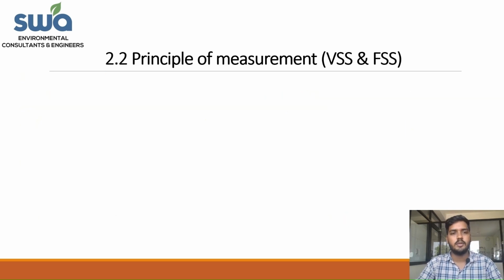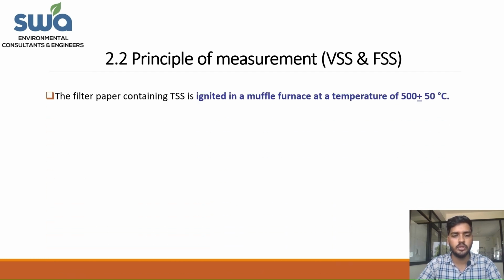Now let's understand the principle of measurement for VSS and FSS. The filter paper containing total suspended solids is ignited in a muffle furnace at a temperature of 500 to 550 degrees centigrade. At this high temperature, some solids will be lost and some will remain in the crucible.